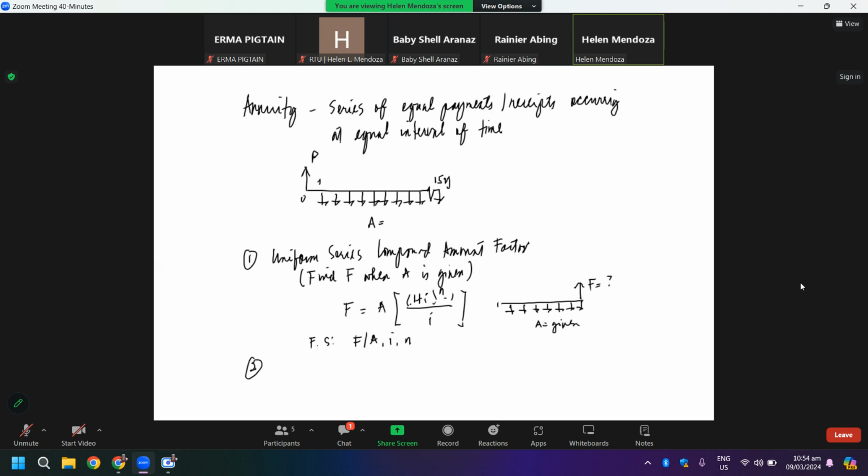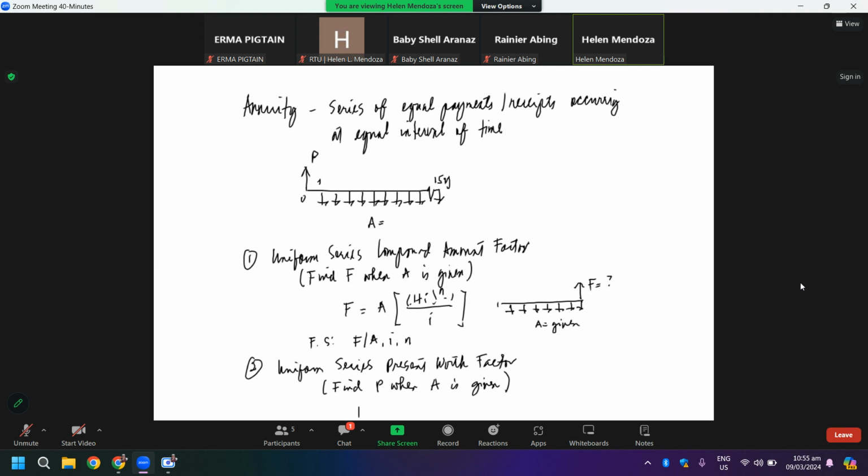The second formula is the uniform series present worth factor. This is used when we try to find P when A is given. So the cash flow diagram is the one sampled above.